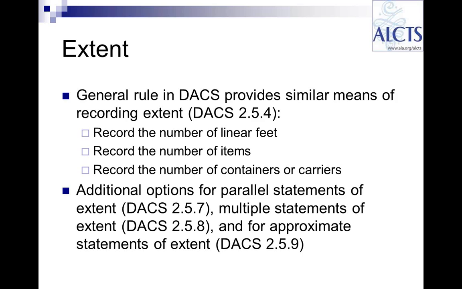However, DACS does provide some more specific guidelines that broaden the options for archivists recording this information. 2.5.7 has the provisions for parallel statements of extent, 2.5.8 for multiple statements of extent, and 2.5.9 for approximate statements of extent. A lot of these, again, are things that are allowed under RDA. Actually, all of these are allowed under RDA, but DACS provides more specific guidance on how to use those and when it would be good to use them.